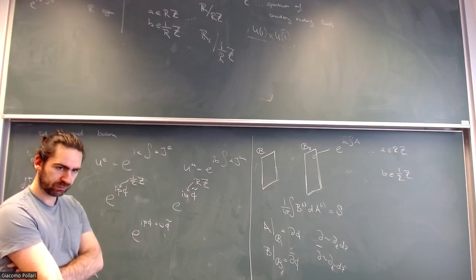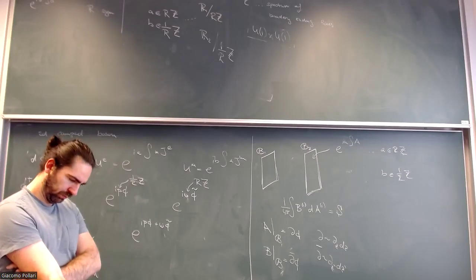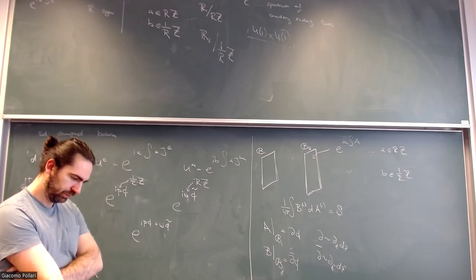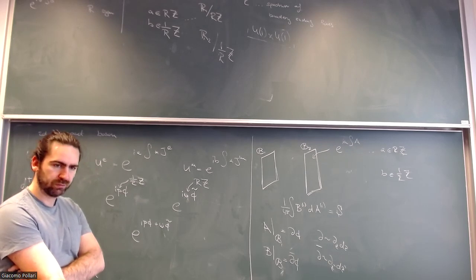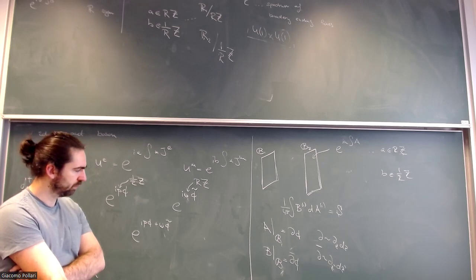I guess what Richard is pointing to is that if you now look at the boundary term, you have to do an analysis of the boundary term, which is 2D, and see that there's no contribution, so that this is consistent.